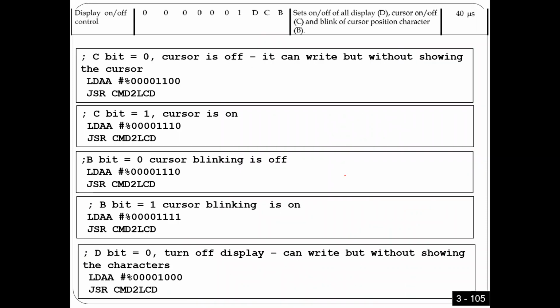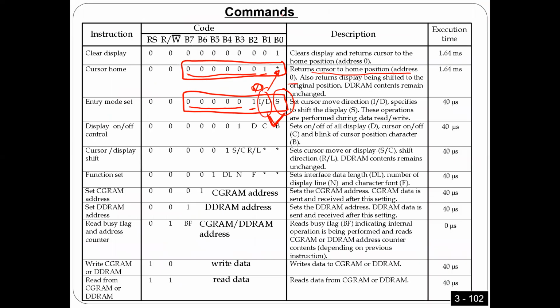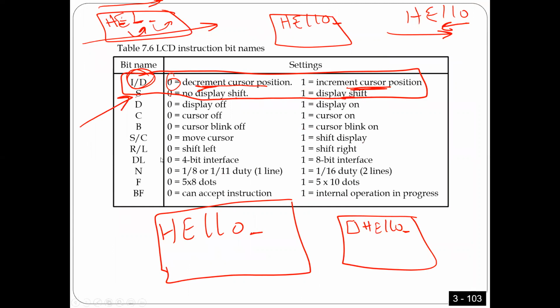Now I'm going to move to the next one. We have this one here, guys. This command again has 0, 0, 0, 1, and then we have 3 values here. Based on what you put in these 3 values, you can do different things. If you go to the table here, you can find what I'm talking about.